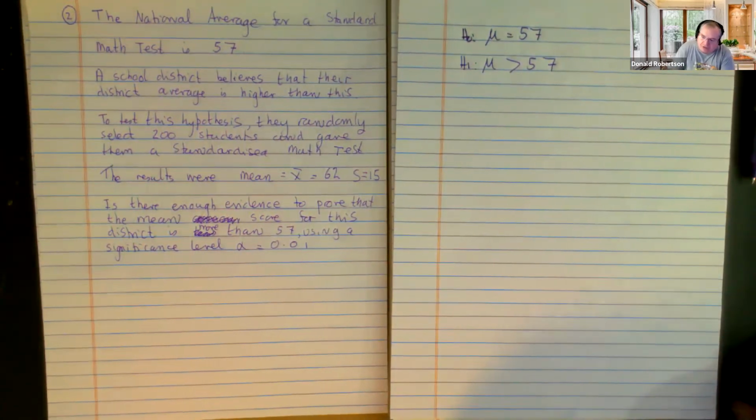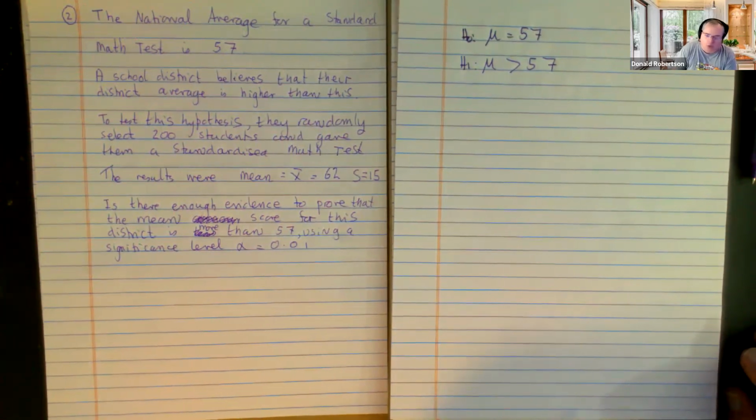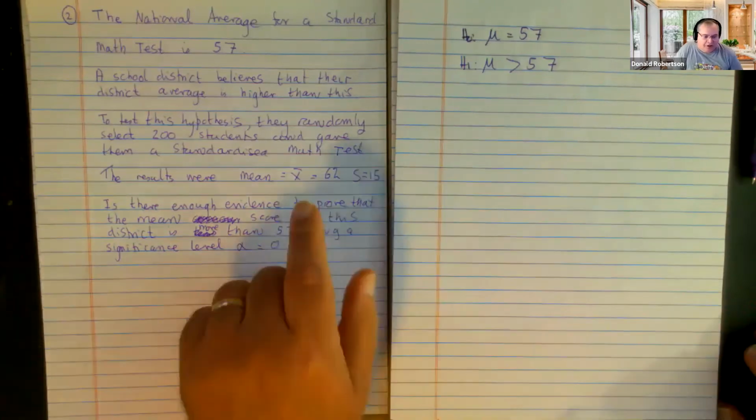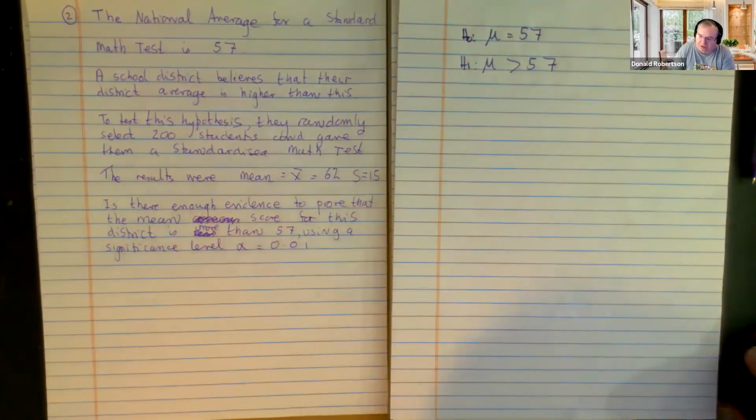Now, if this ends up being true, won't this school district maybe get an article in the local newspaper saying, hey, Kitsap County is much better than the national average? See how good we're doing. If this report comes back and it's not statistically significant, or in fact the students did less than 57, isn't there a very good chance that they'll never publish it and never tell you about it?